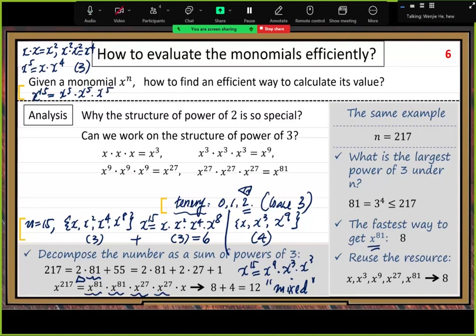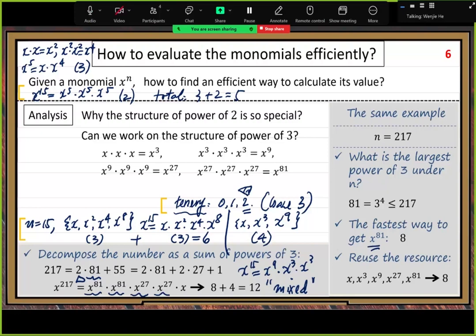Here we use repeated cubing, 2 more. So total 3 plus 2 equals 5. Here you can see, if we mix repeated squaring and cubing, we can do better. So 5 multiplications.